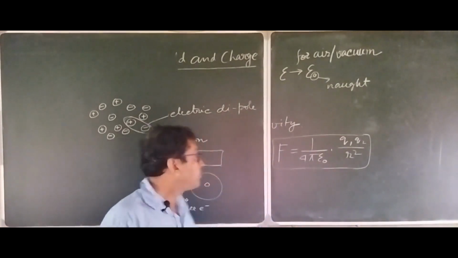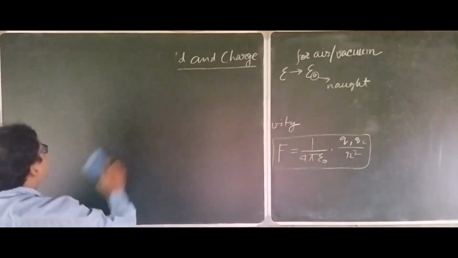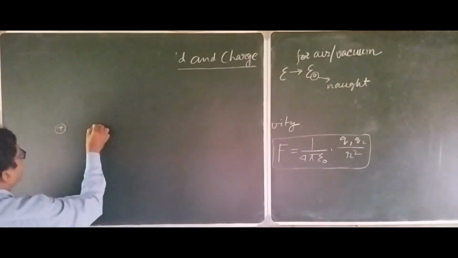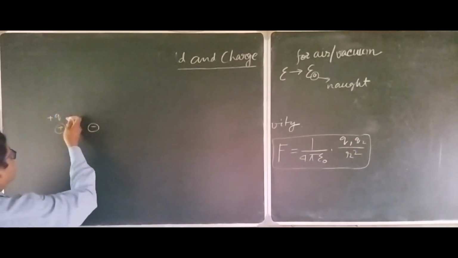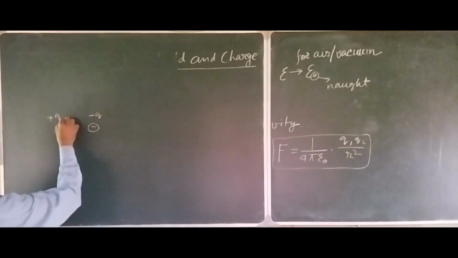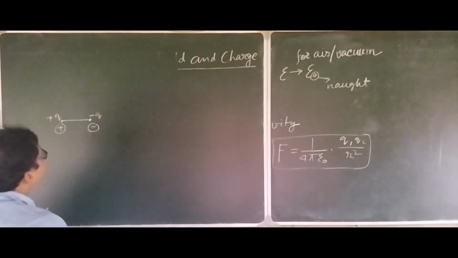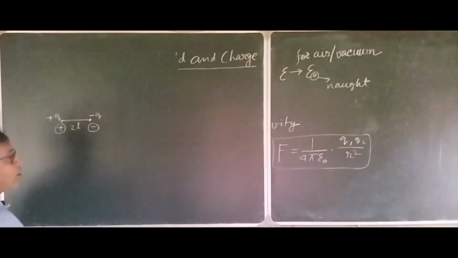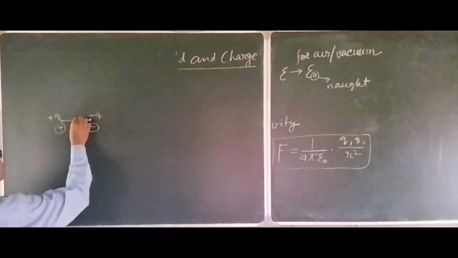So if we consider an electric dipole, suppose this carries a charge of plus q and this carries a charge of minus q. So these together will form a dipole. Suppose this dipole's length, the distance between the two charges, is 2L.